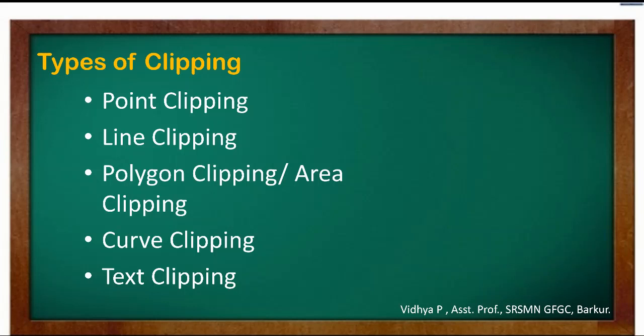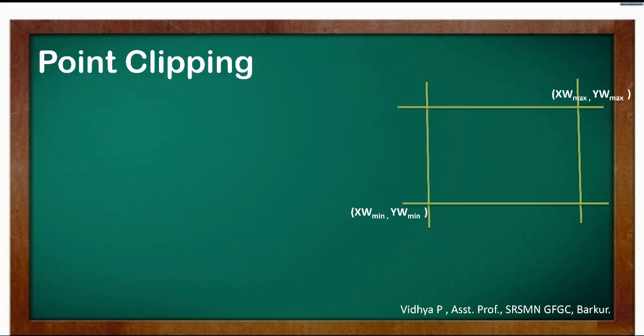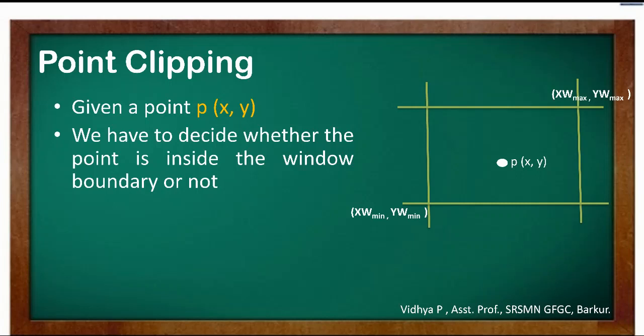Point clipping. What is point clipping? Given a point P of x, y, we have to decide whether the point is inside the window boundary or outside the window boundary. We can achieve this by using an inequality.